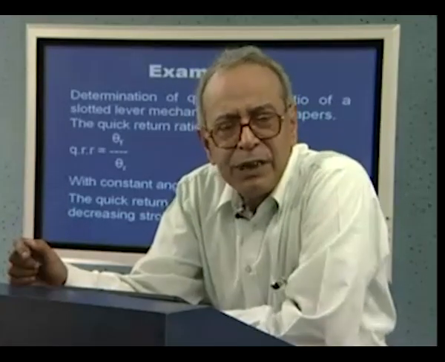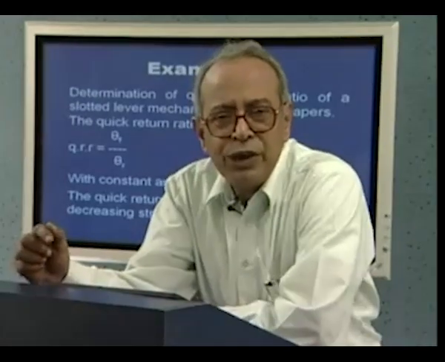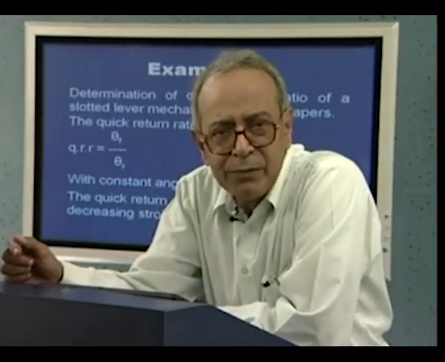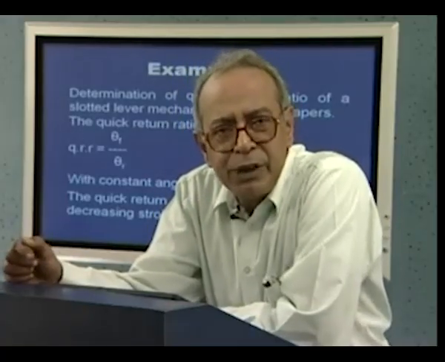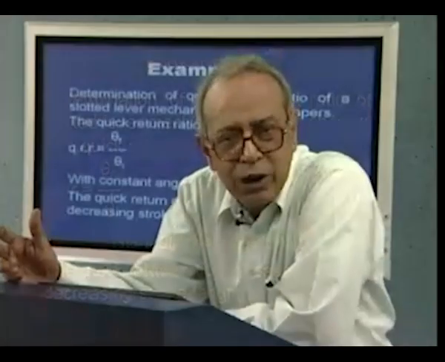Such a mechanism is called the Whitworth quick return mechanism. So, we shall see first the model of such a Whitworth quick return mechanism, then pose the same problem as example 2: determine the quick return ratio of this Whitworth quick return mechanism, and also see how it is independent of the stroke length of the tool.